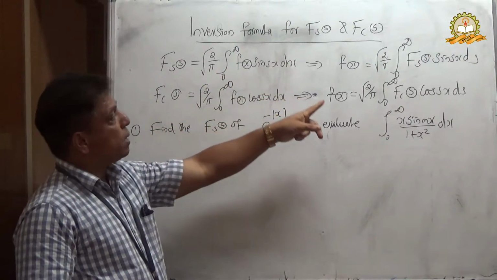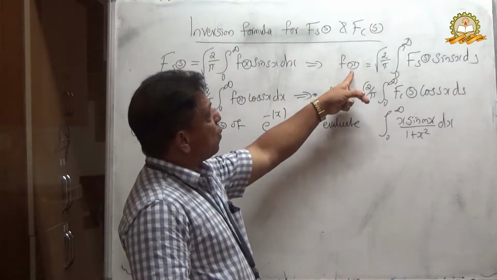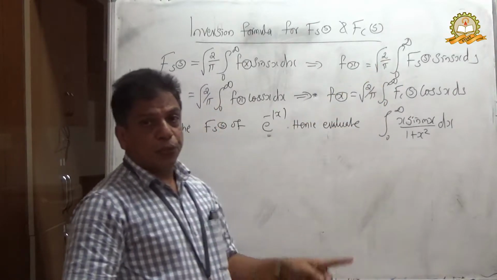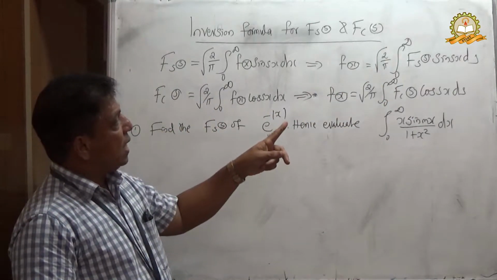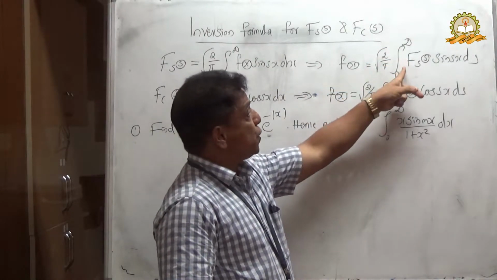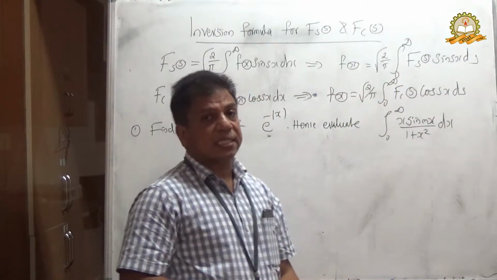This inversion formula says that in the case of sine transform, f(x) is equal to root of 2 by pi integral 0 to infinity Fs(s), that is the Fourier sine transform, into sin sx ds.